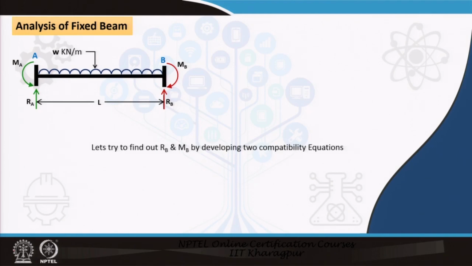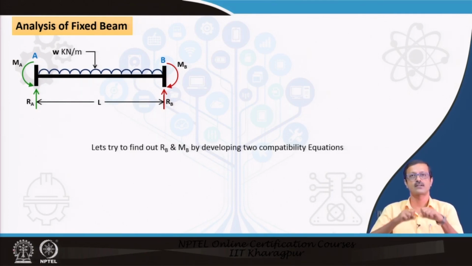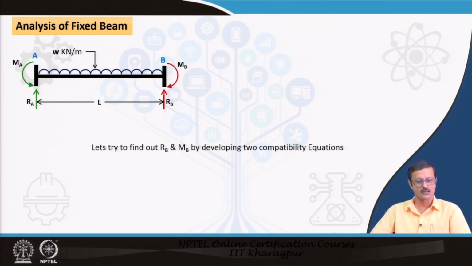As you know, if I take a fixed beam which has both ends A and B fixed, they are restrained, and they are not going to move very easily. So, all the reactions will be unknown here, and it will take a lot of moment, that is called the fixed end moment, and also the reactions, both the horizontal and the vertical reactions.